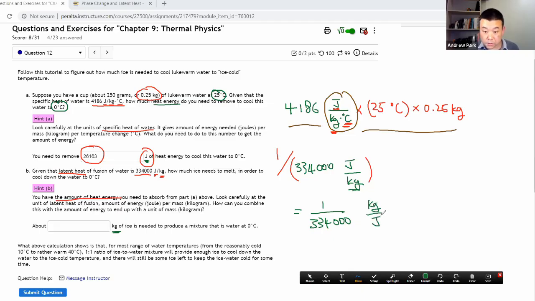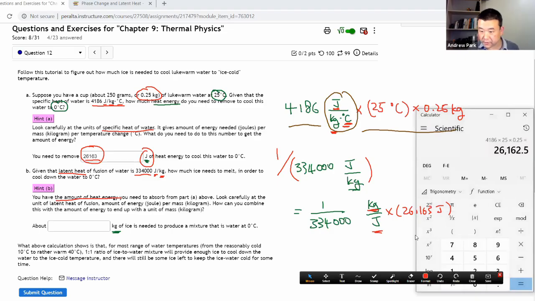To get the quantity in kilograms, all I have to do is get rid of joule. Oh, and I have that joule number from before, the energy that I need to transfer. So times 26,163 joule.